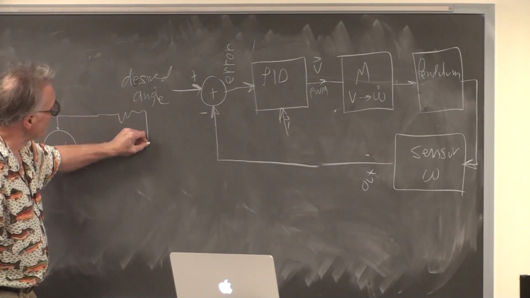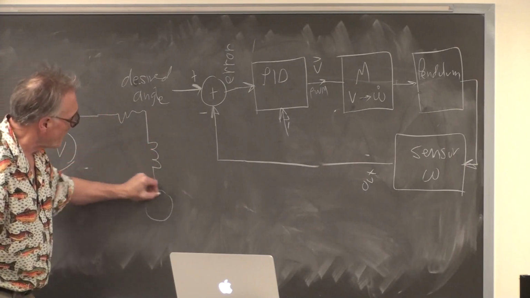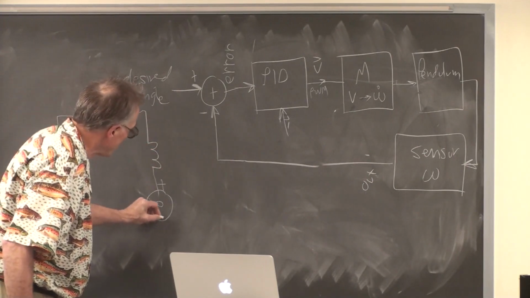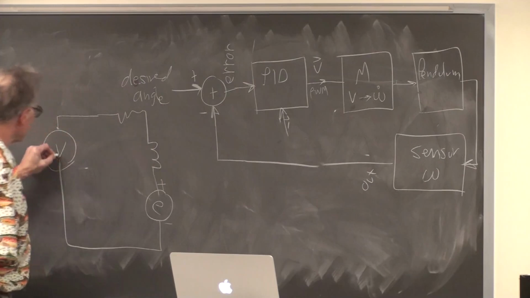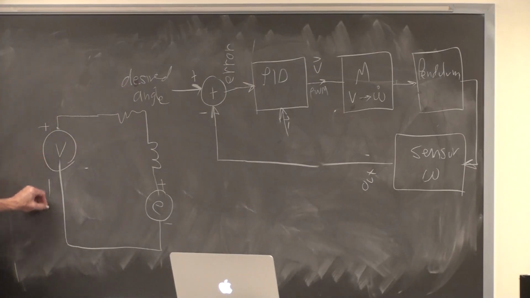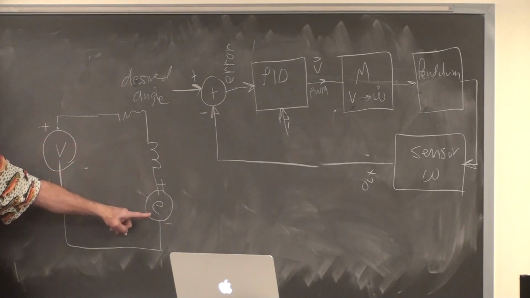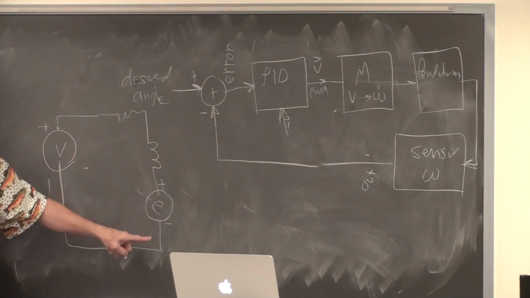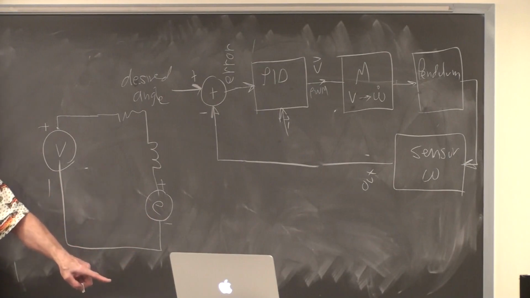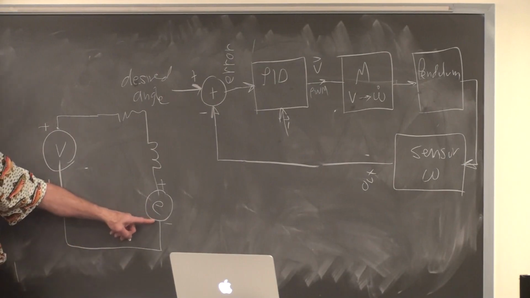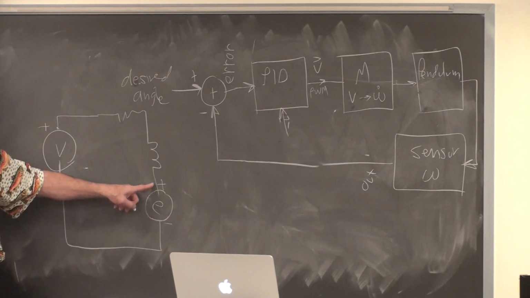The motor looks like a resistor, an inductor, a back EMF, all attached. If you attach this to an external voltage source, the motor itself looks like a series resistor, a series inductor, and a back EMF, because every DC motor is also a generator. And as you spin this thing up, the back EMF increases, the current drops.